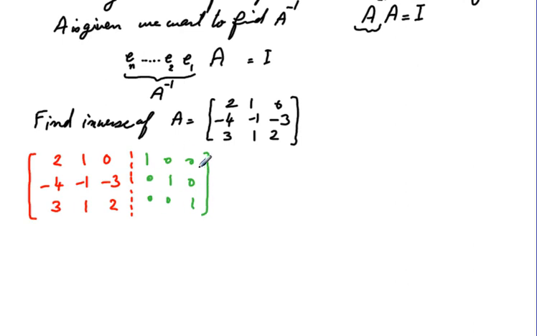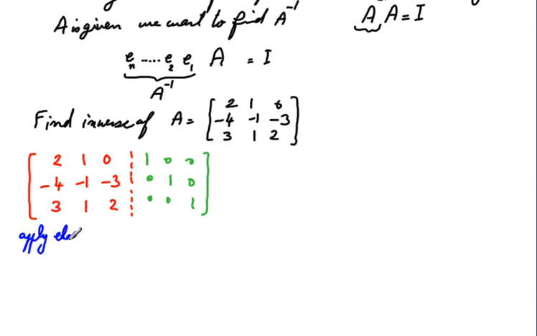This one is going to help us carry all these multiplications. We are going to apply them to this identity one by one, and after a long march, this side is going to lead to the inverse, while this one is going to lead to identity.